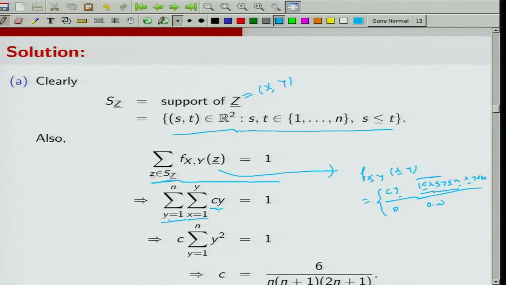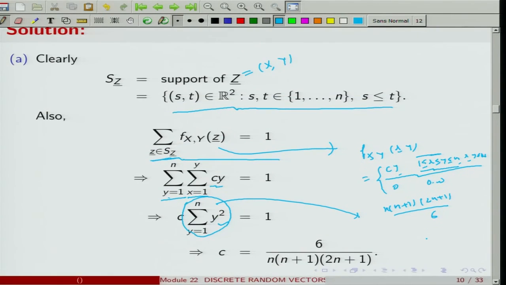So, x equal to 1 to y, and c·y has to sum to 1. That is c times the sum over x from 1 to y of 1, which becomes y. So, that becomes c times the sum over y from 1 to n of y², and this quantity, the sum of squares of the first n natural numbers, is n(n+1)(2n+1)/6. That is the reason why c becomes 6/(n(n+1)(2n+1)).